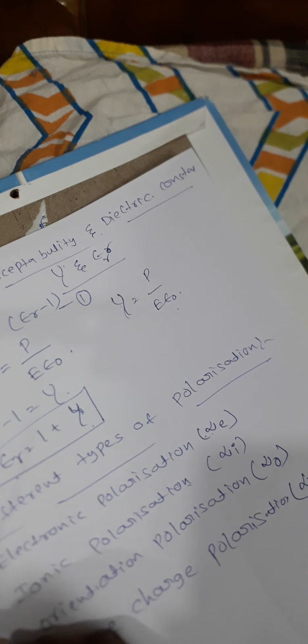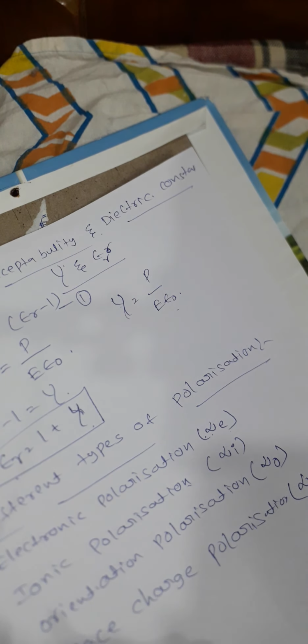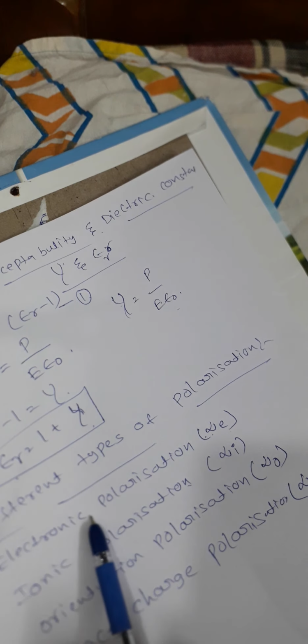In the next class we discuss what electronic polarization and ionic polarization are. Electronic means the positive and negative charges are separated; when the field is applied, an electric dipole is formed.